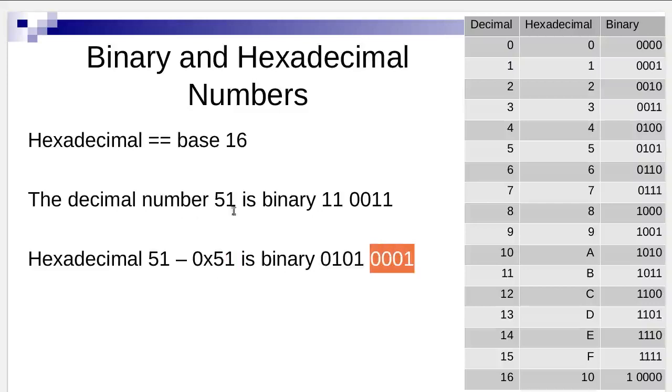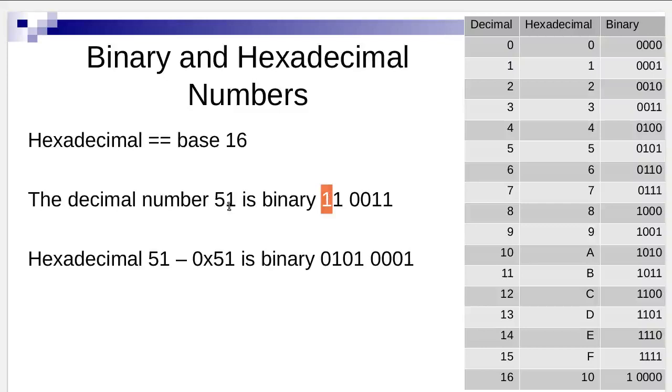On the other hand, if you have a decimal number, converting this to binary is actually a little bit more complicated, but it's not that bad. You can still do it. The way to do it is to take powers of 2 and subtract. The biggest power of 2 that'll go into 51 would be not 64 but 32. And so this is 1 times 32, 2 to the power 5 in the sixth spot. You subtract 32 from 51 and you get, what is it, 15?